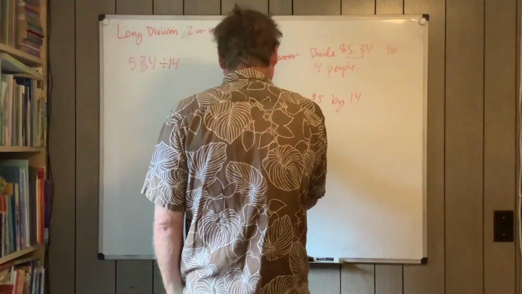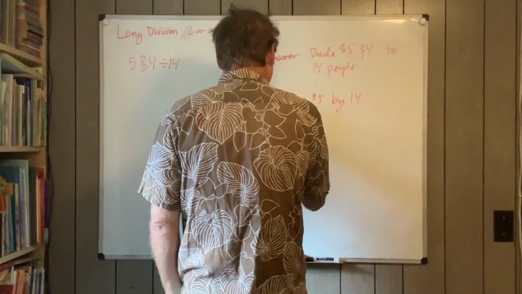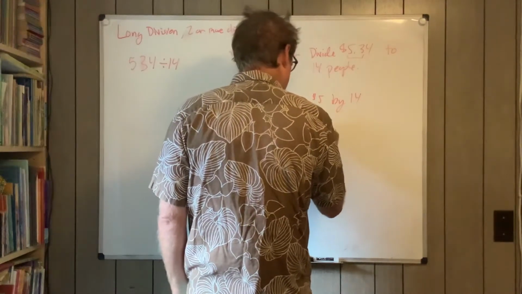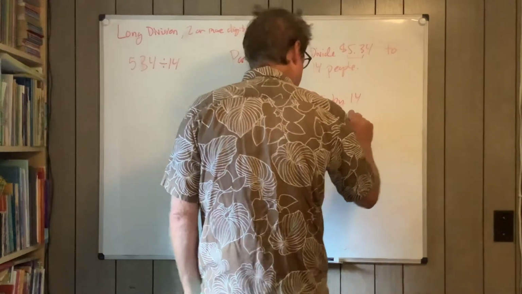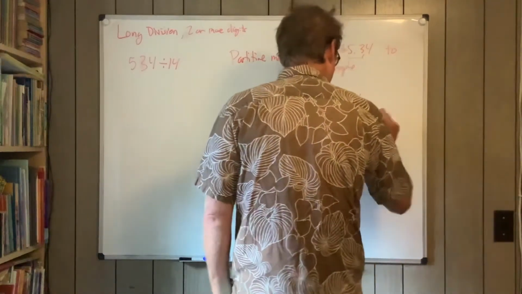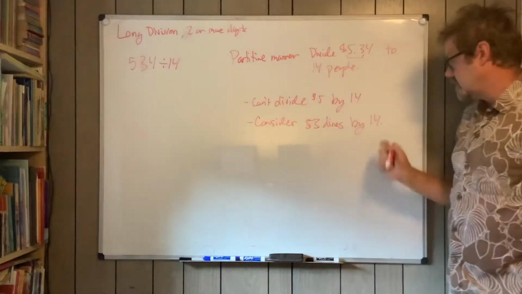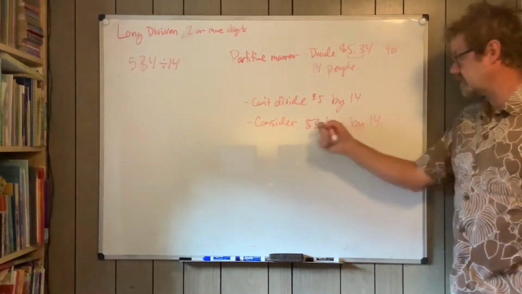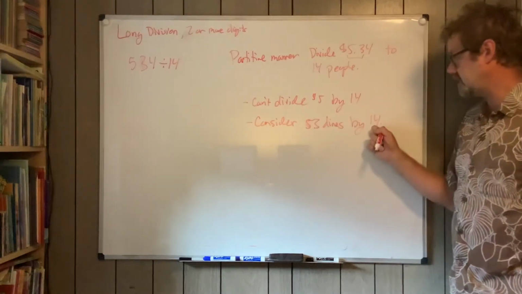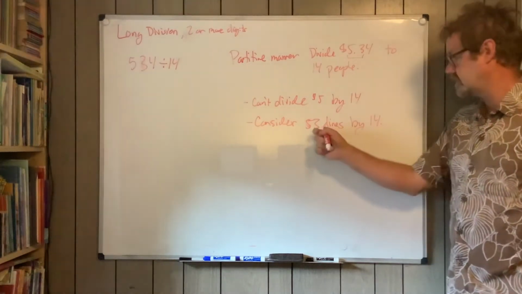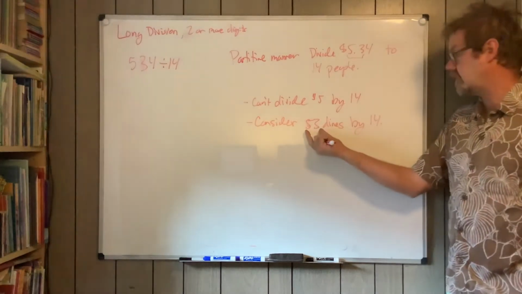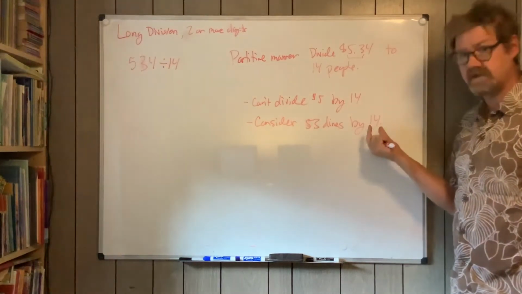And so consider 53 dimes divided among 14 people. One of the things we might want to think about is how many dimes go to each person with 14.